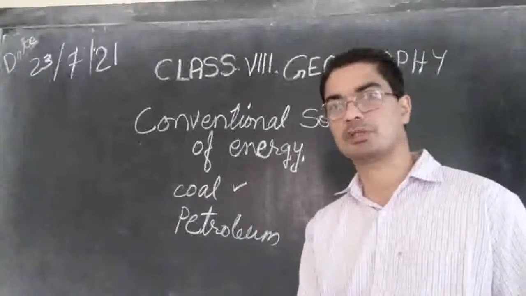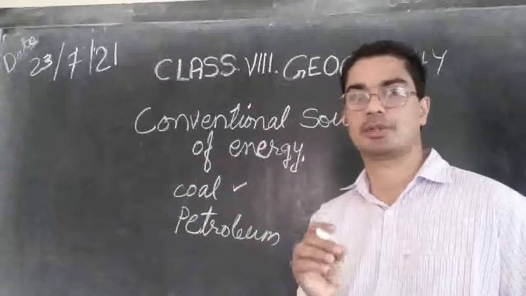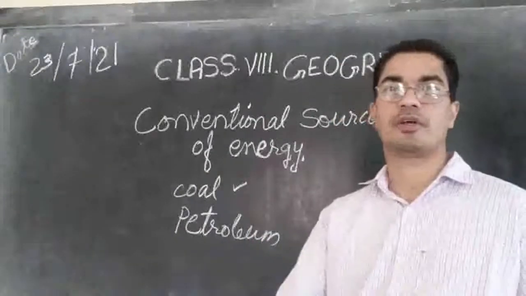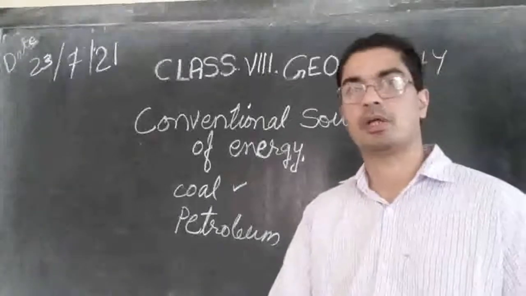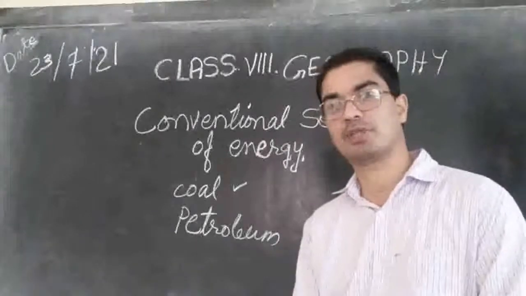So petroleum means rock oil. We said petroleum is found inside the rock, therefore we call it petroleum, or we can say it is rock oil. That's why the name petroleum is given.